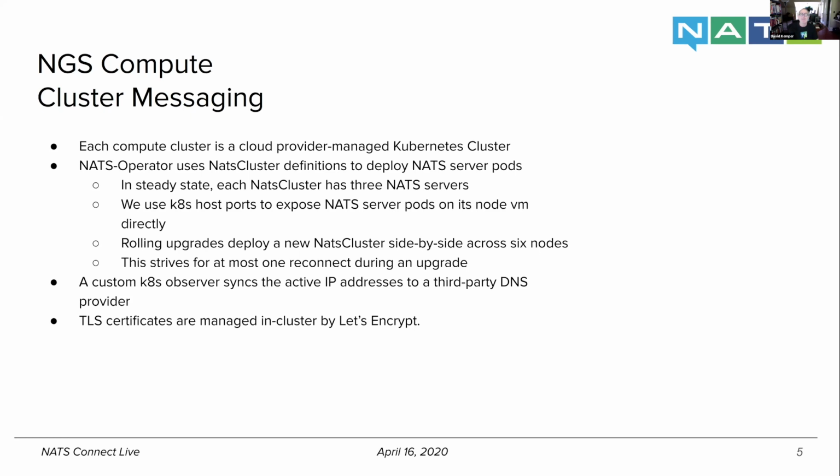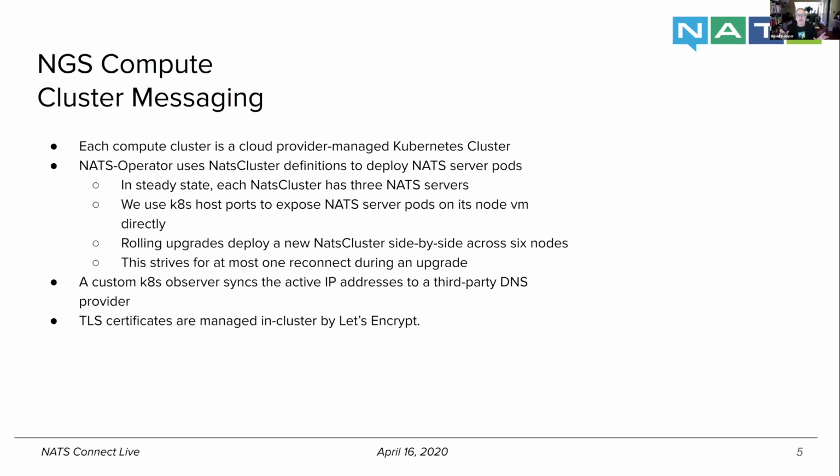We do rolling upgrades a little differently. We still use the NATS operator, but we deploy two NATS clusters side by side. So we've got the old cluster running. We deploy a new NATS cluster with a pointer to the new NATS server pod that we want to deploy.